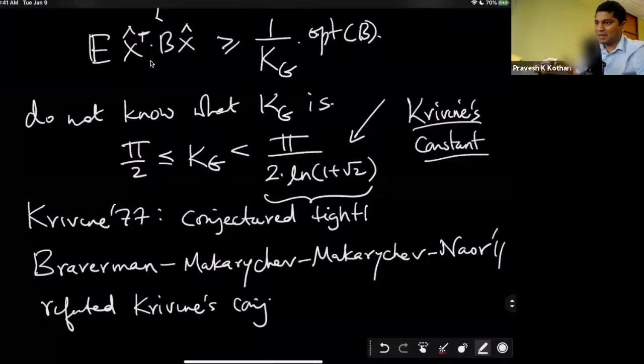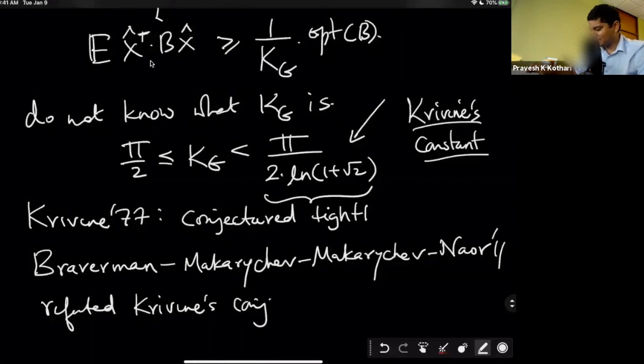And you might ask, well, what's the constant they prove? They prove something like pi over 2 times ln of 1 plus root 2, minus 0.000000000000001, and I'm not sure if I put in enough zeros there. Basically, they show that there is some fixed constant tinier than this value on the right, which is also an upper bound on K_G. So in particular, this is certainly not tight.